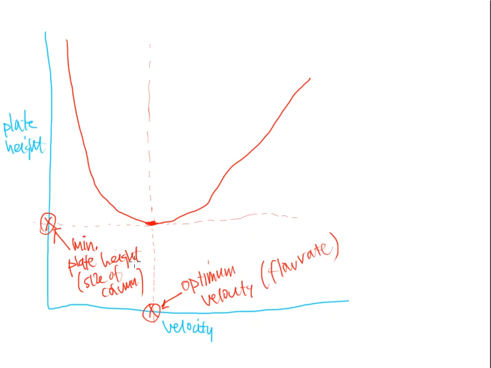But keep in mind that it's more than just the length. There's a width involved in the column. It's the number of plates in the column. There's a whole number of factors that go into the column information. But for us, we'll keep it simple and we'll just say overall size of the column. But keep in mind, we're really referring to more than just that. So that's the Van Deemter.